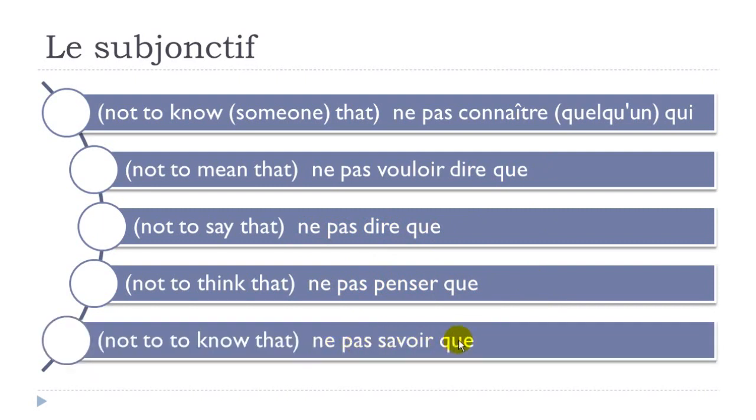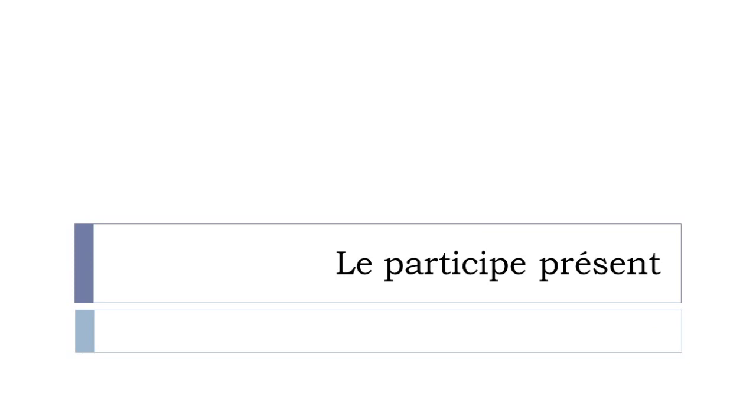Ne pas savoir que. Okay, so one more time. Ne pas connaître quelqu'un qui, ne pas vouloir dire que, ne pas dire que, ne pas penser que, ne pas savoir que, and all these expressions should be followed by le subjonctif.